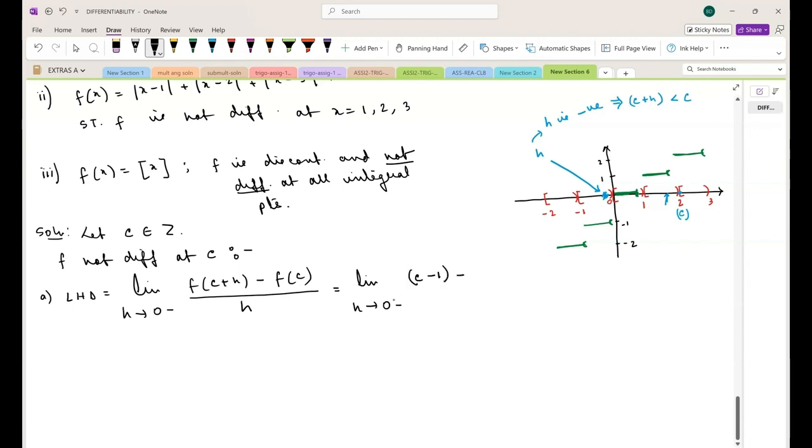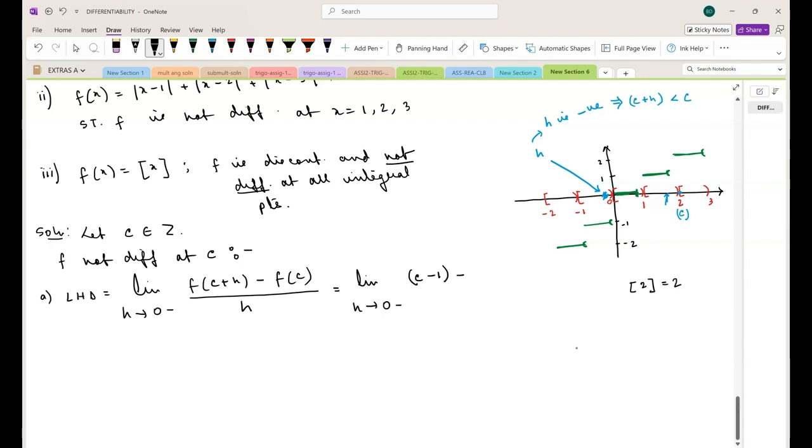And now what is the value of the function at the integral point? If you see at the integral point, say for example at the point 2, that is 2.